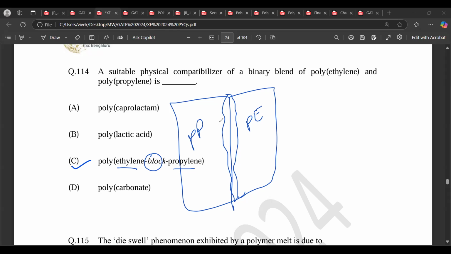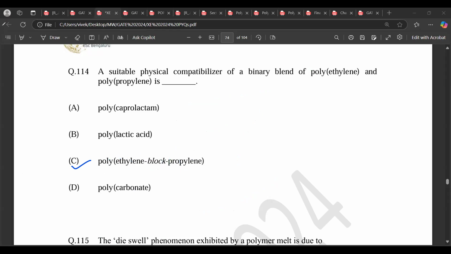The polypropylene block will help to stabilize and stay in equilibrium with PP, and the PE component will stabilize itself and minimize the delta G value by minimizing the enthalpy. That is the overall idea to get compatibilization. So please read physical compatibilizing as well as chemical compatibilizing. They are very important, and they can be asked.